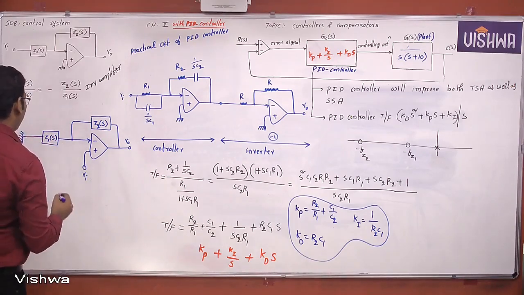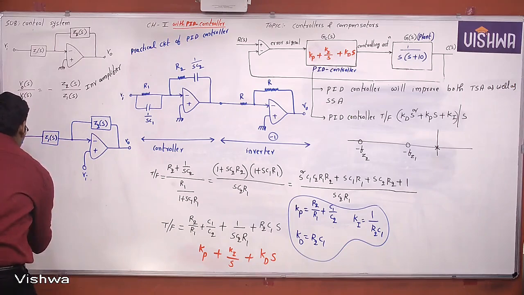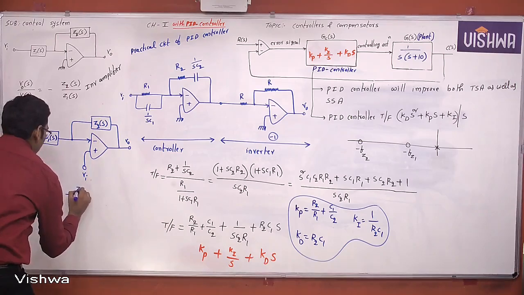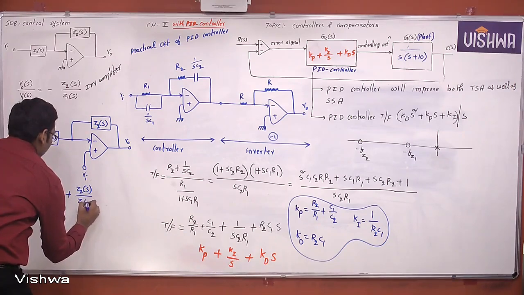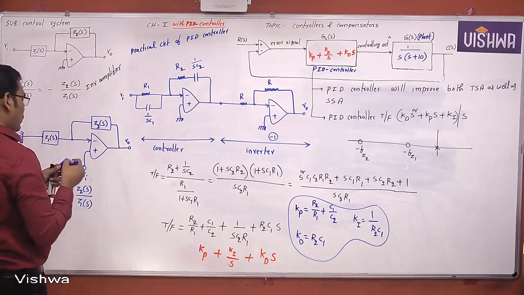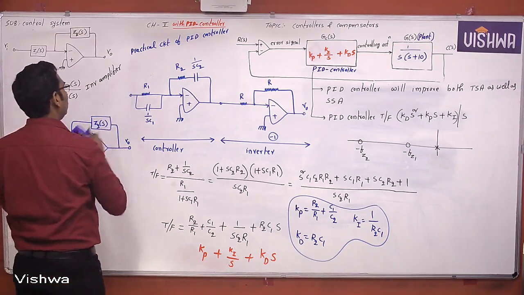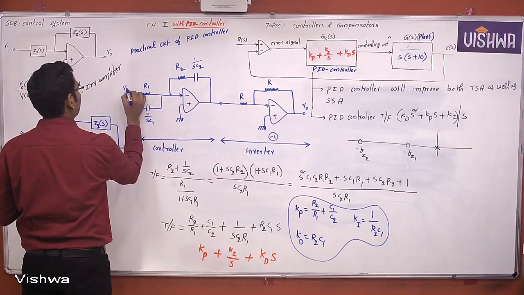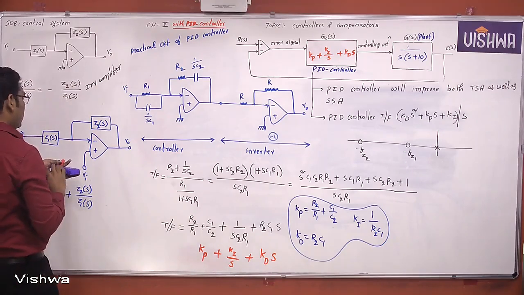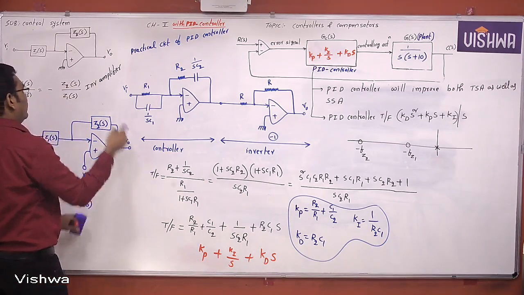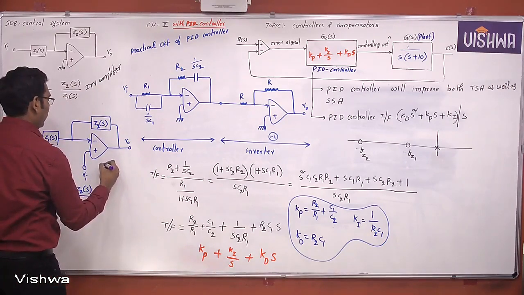Now the transfer function V0 of S by Vi of S is equal to 1 plus Z2 of S by Z1 of S. Now this is the inverting amplifier. This is the non-inverting amplifier.